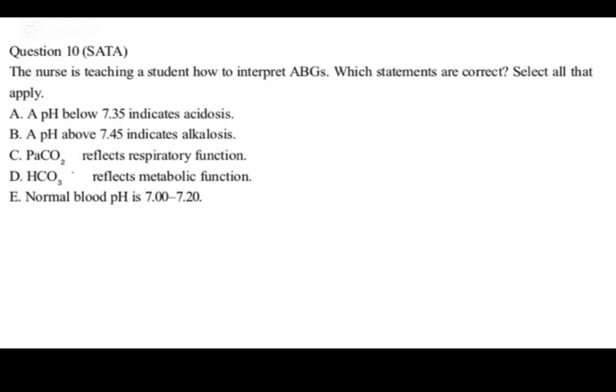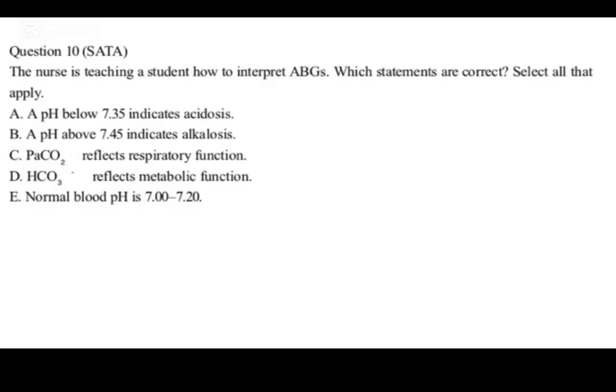Question 10, SATA. The nurse is teaching a student how to interpret ABGs. Which statements are correct? Select all that apply. A. A pH below 7.35 indicates acidosis. B. A pH above 7.45 indicates alkalosis. C. PaCO2 reflects respiratory function.